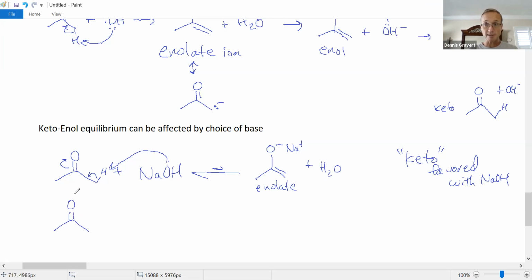But if we stay with the acetone, same keto group, and we bring in LDA, lithium diisopropylamide, two isopropyl groups, a lone pair on nitrogen, it's negative. So the lone pair goes and grabs that hydrogen, makes the enolate, same way. Make that a longer arrow, because now this is a stronger base, right?